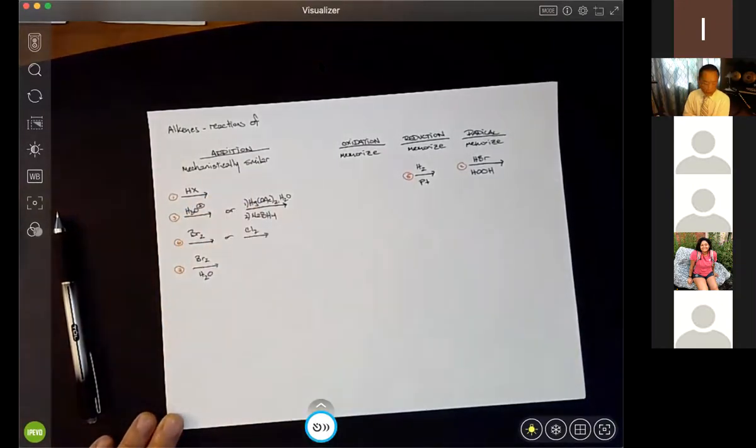And then last but not least, before we go back to the one we missed, you have some oxidation reactions that essentially add OH groups to this molecule. So you either have OHs adding to the same side or the opposite side. These are all oxidation reactions, and this would be the anti-dihydroxylation reaction 8 and the syn dihydroxylation reaction 9.